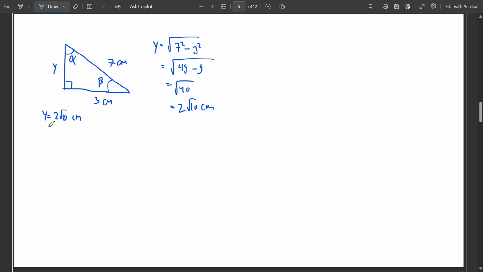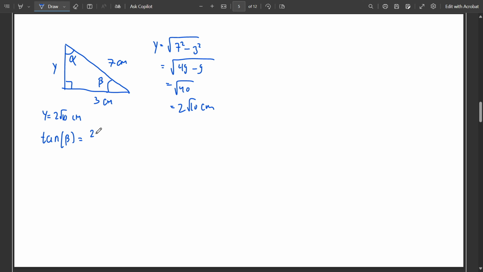What's our beta? Well, we can use sine, cosine, and tangent. So, let's say we use tangent. So we know our y equals 2 square root of 10 centimeters. So tangent of beta is equal to our opposite over our adjacent.